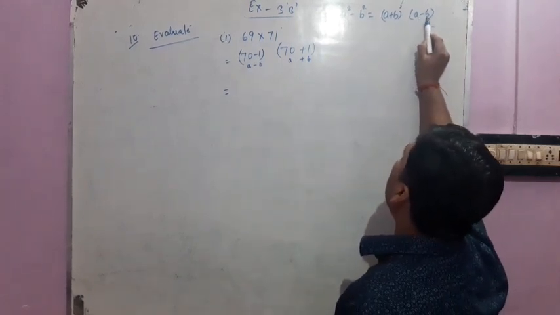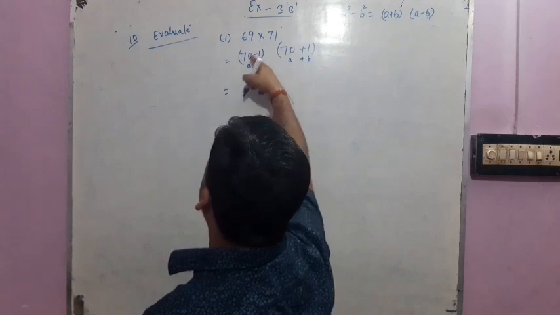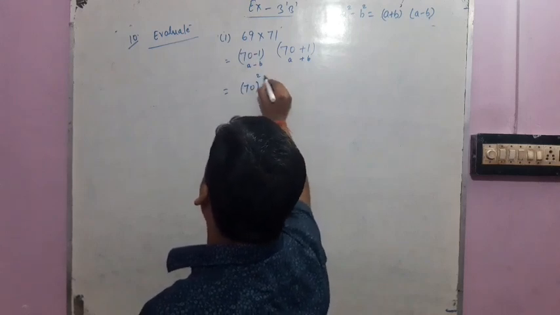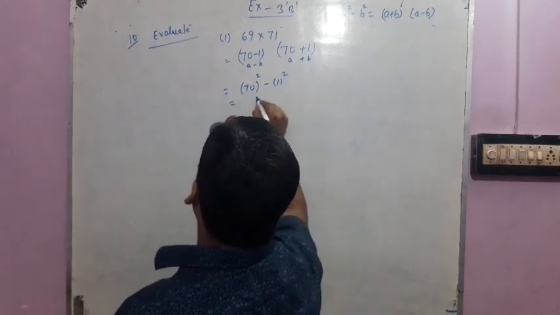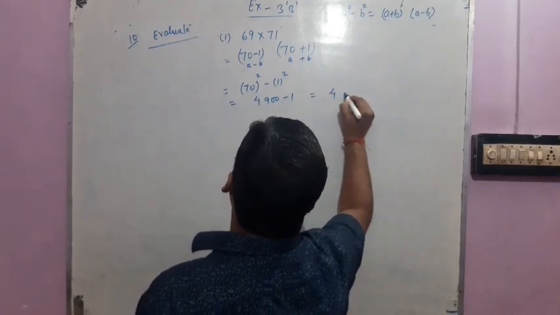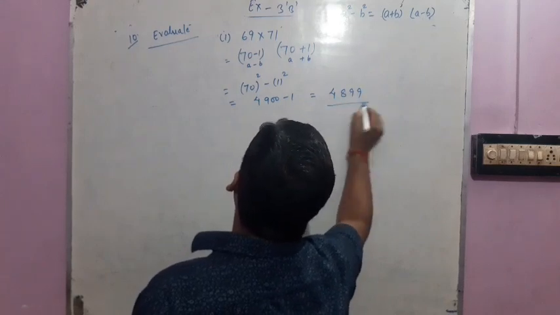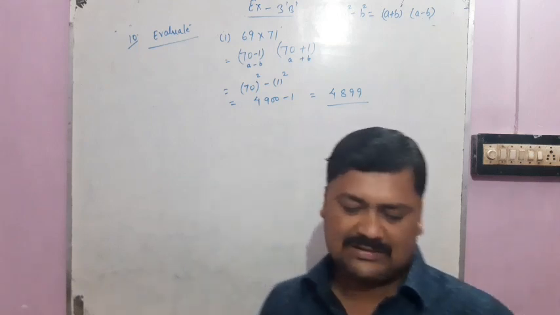The formula is the square of A minus the square of B. So the square of 70 minus the square of 1. The square of 70 is 4900, minus 1, so the result will be 4899. In the same way, you have to solve the second question.